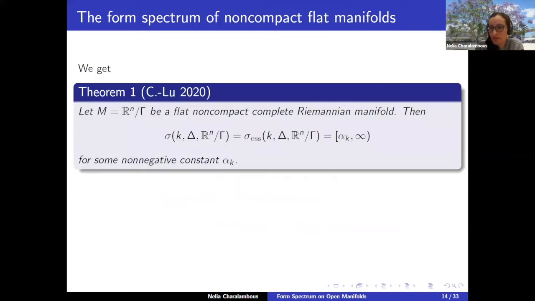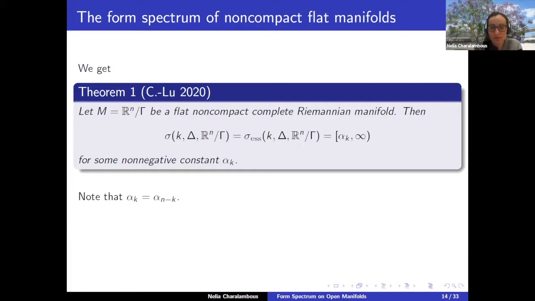So, given this fact, now we are reducing the spectrum of a flat manifold to the spectrum of a product manifold of Euclidean space times a compact flat manifold. And as in our previous example, we can show that this spectrum will always be an interval, and there will be no discrete isolated eigenvalues.